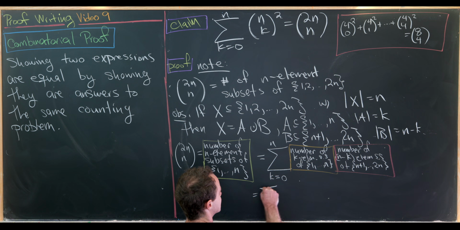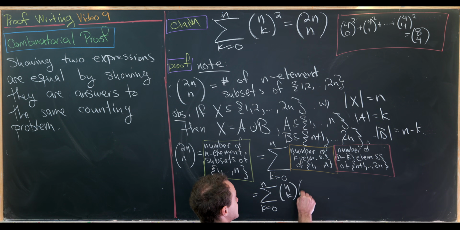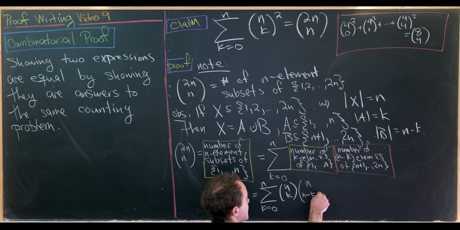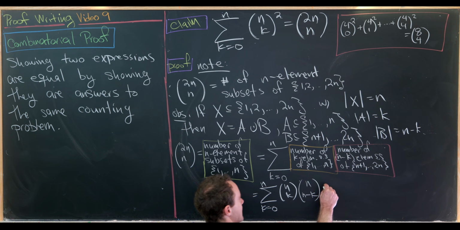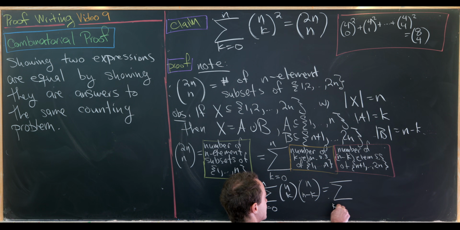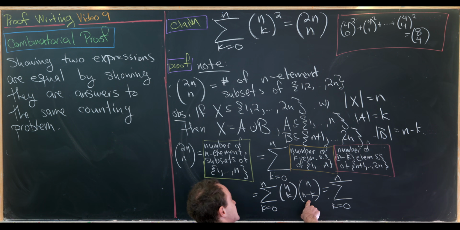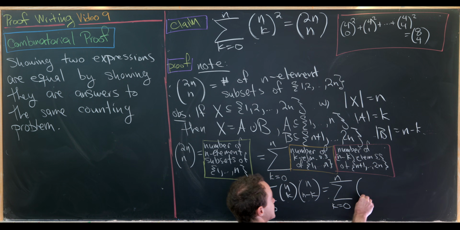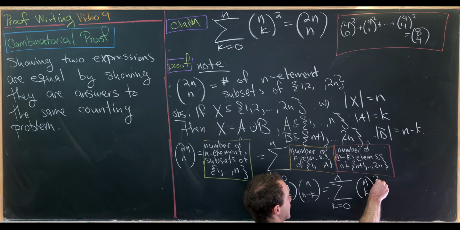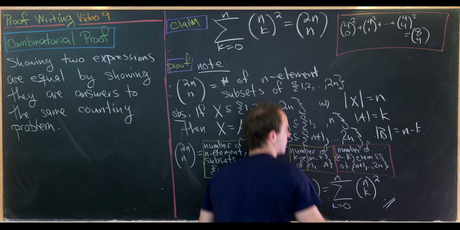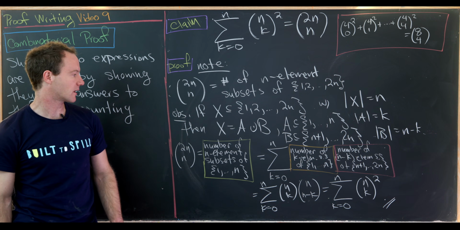This gives us the sum as k goes from 0 up to n of n choose k times n choose n minus k. But by our previous example, we know that n choose n minus k is the same thing as n choose k. So in the end, we get n choose k times itself, or n choose k squared.